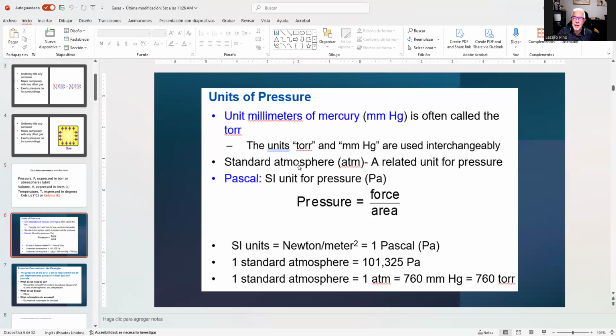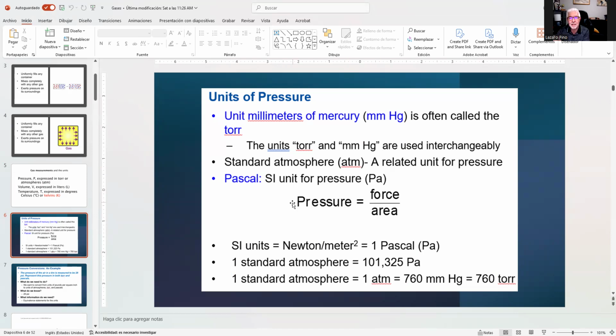And the other one is atmosphere, that is a related unit of pressure. The Pascal is the unit for the international system.